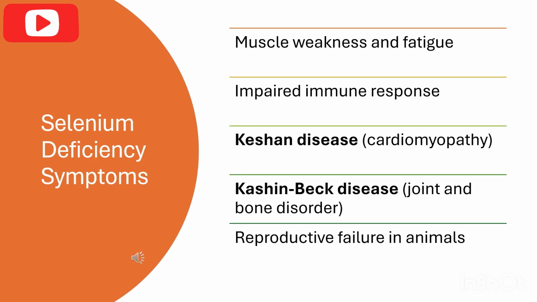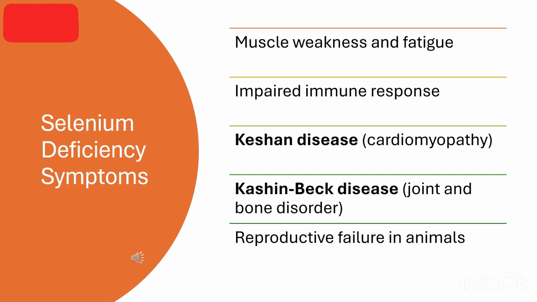Okay, selenium deficiency symptoms. When selenium intake is inadequate, the body becomes more susceptible to oxidative stress and infections. Common symptoms are muscle weakness, fatigue, and poor immune response. Severe deficiency can also cause what we call Keshan disease.